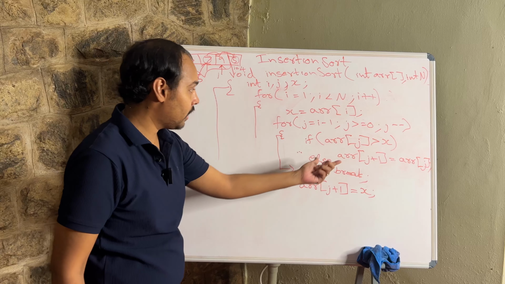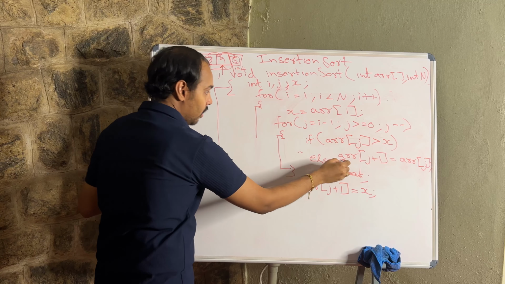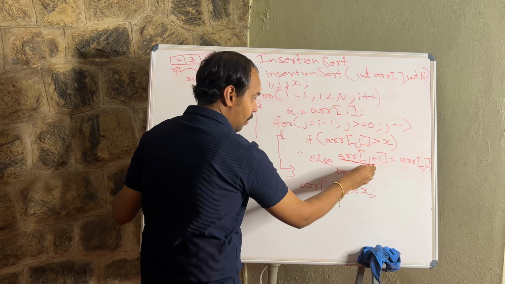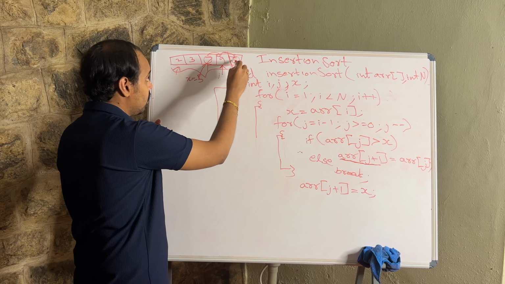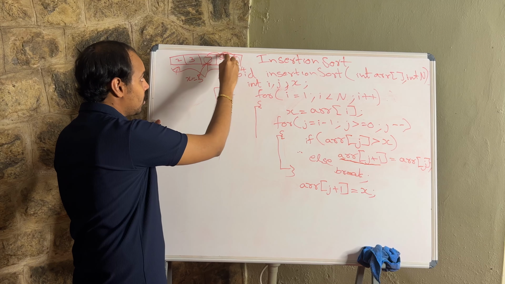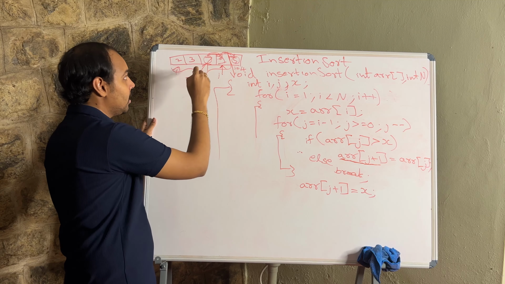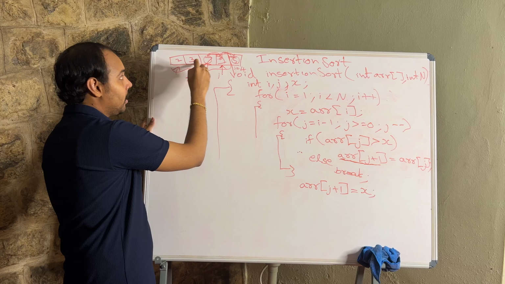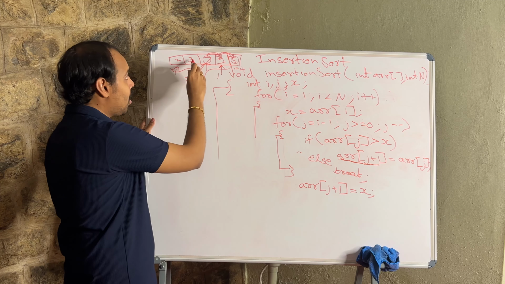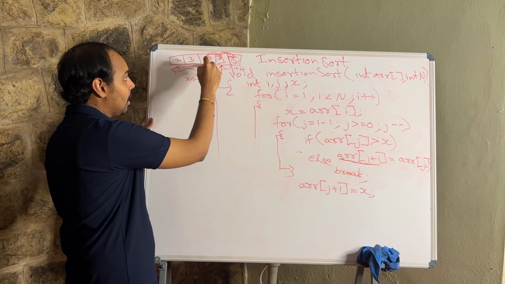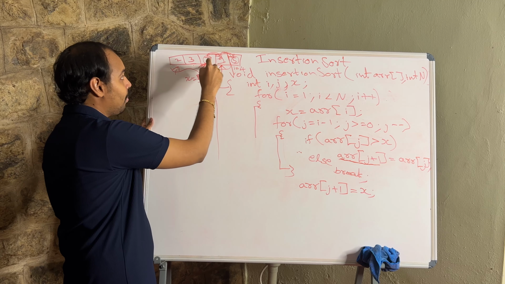Because every time we are inserting in j plus 1 only. Every time we are copying to j plus 1 only. So this was j plus 1 initially, we copied 9 here. This was j plus 1, so we copied 7 here. Now when we hit a place where it is smaller, now also we will copy the new element x to j plus 1.